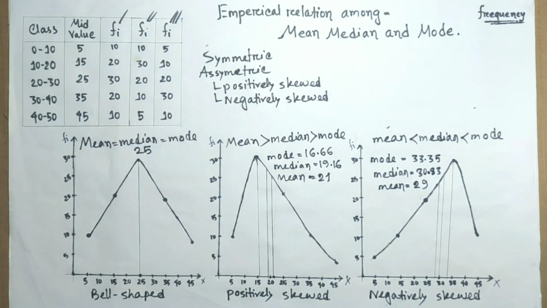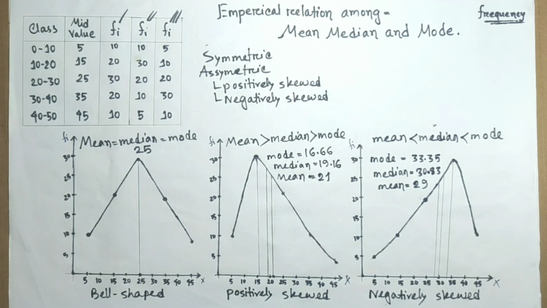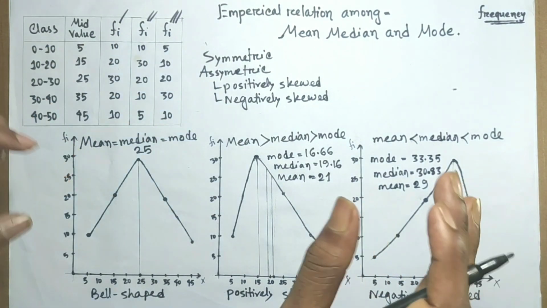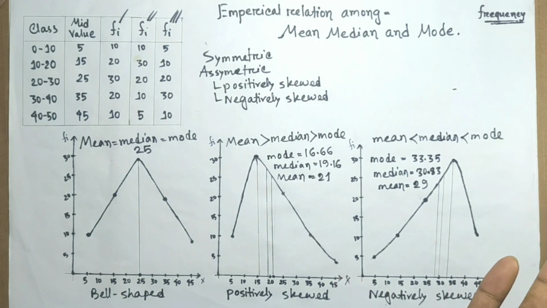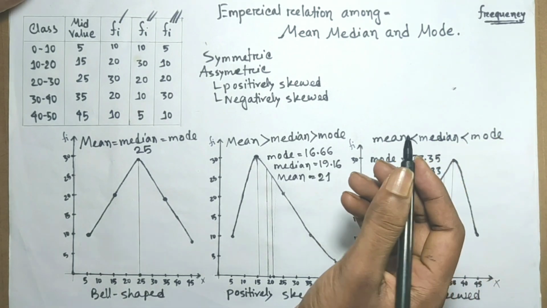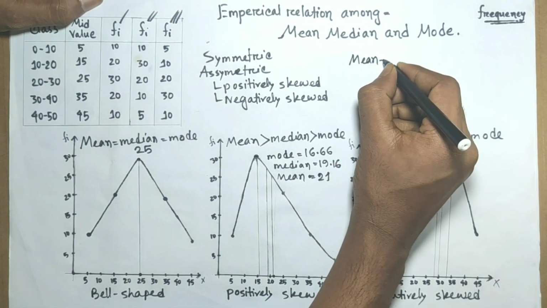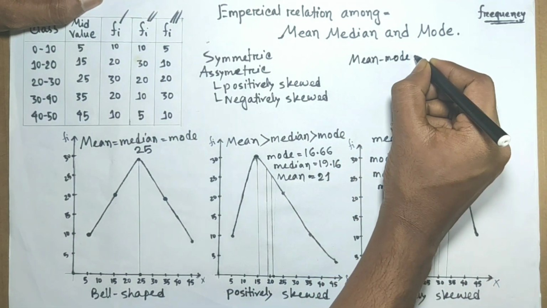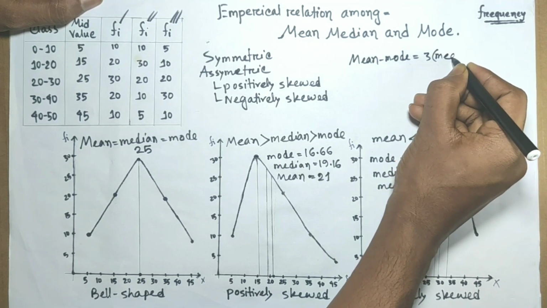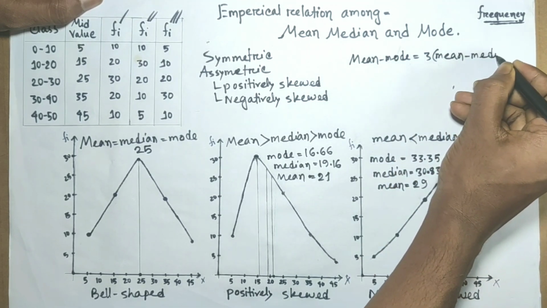For finding the mode from a skewed distribution, a renowned mathematician named Karl Pearson has given us a simple formula. The formula says the difference of mean and mode is equal to 3 times the difference between the mean and the median. Mathematically, it is mean minus mode equals 3 times (mean minus median).